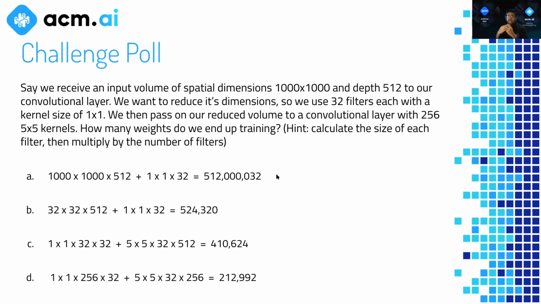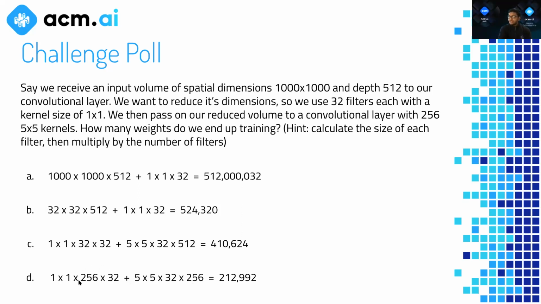And since we need to again match the depth of our input volume, the input volume from the previous layer had a depth of 32 because that's the number of filters we use. So our filter dimensions are 5 by 5 by 32, and we're using 256 of those filters. So we multiply that value again by 256. And that's what we see here, 5 by 5 by 32 into 256.